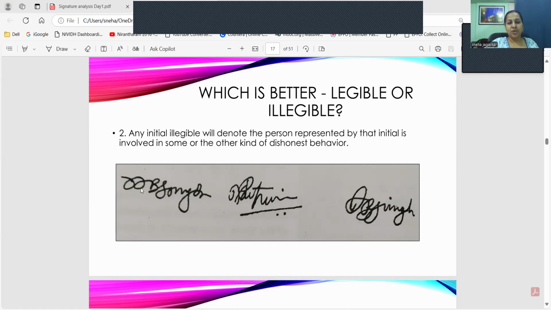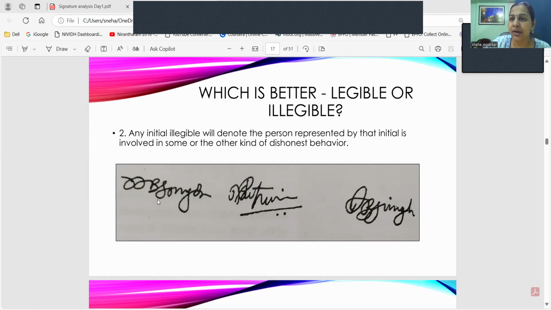Now, this actually is an A, but it doesn't look like it, it is all loops. B is still understandable, and SINGH. Because I have been seeing this signature almost 50 to 20 times, I know that it is AB Singh, right?